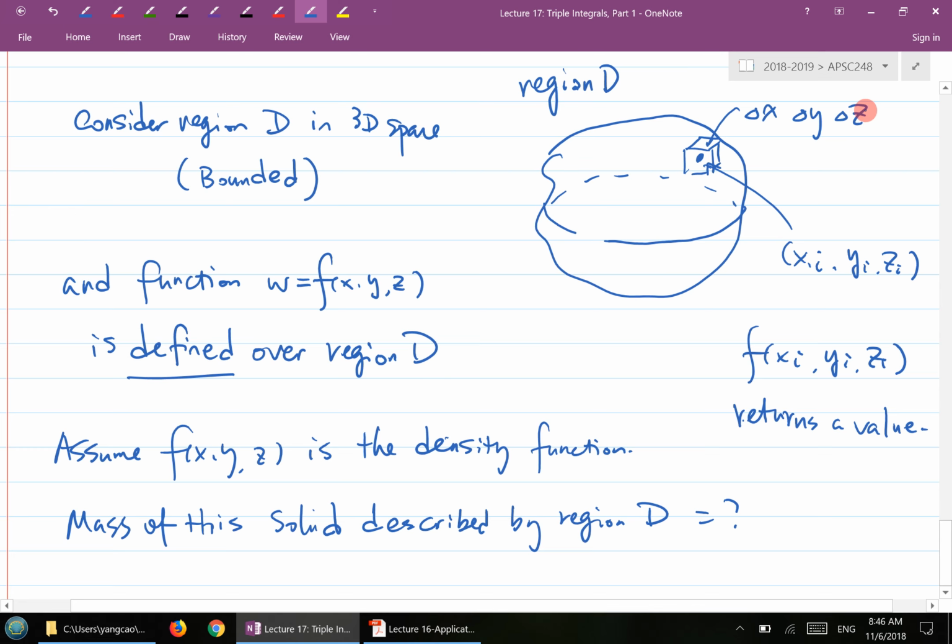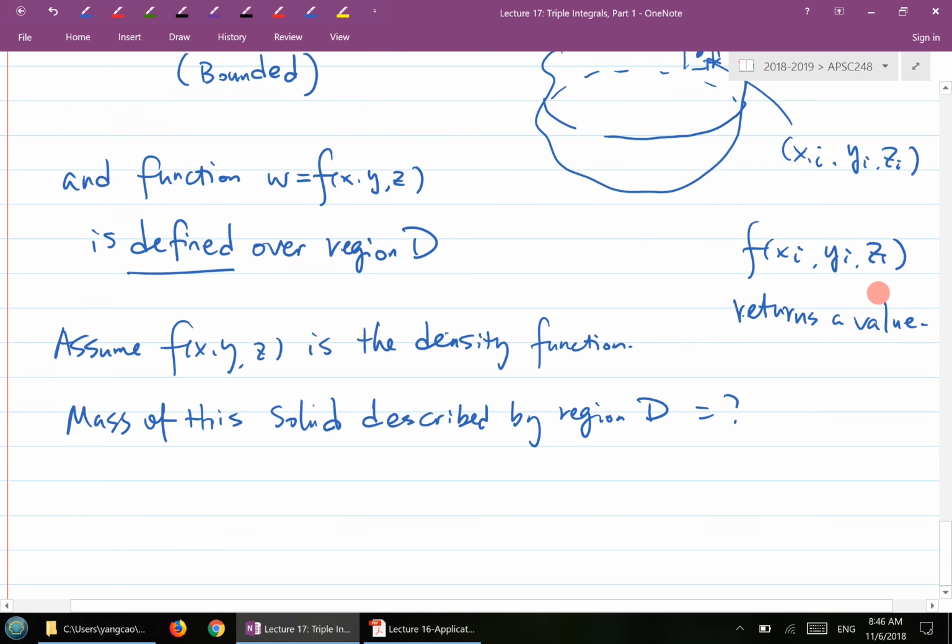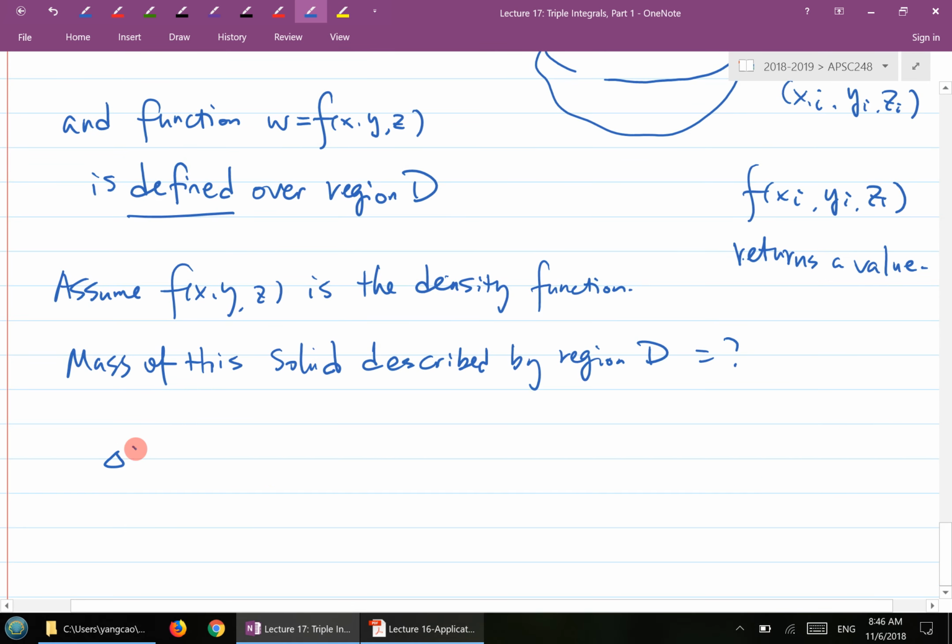So you give it a small segment around this point and create a small cube. Essentially, we get a small volume, delta V_i, and this small volume equals delta x times delta y times delta z. That's your delta V.